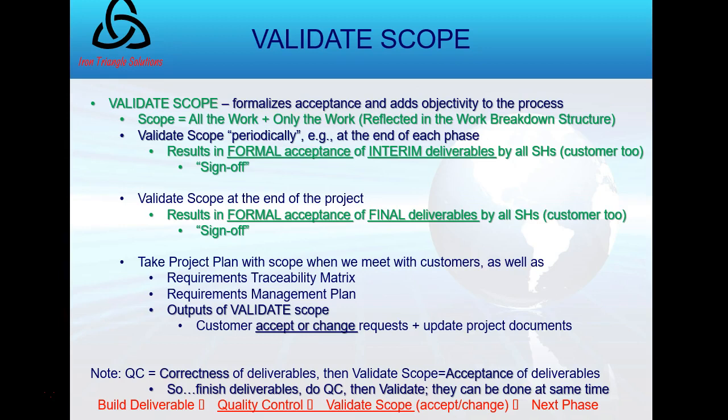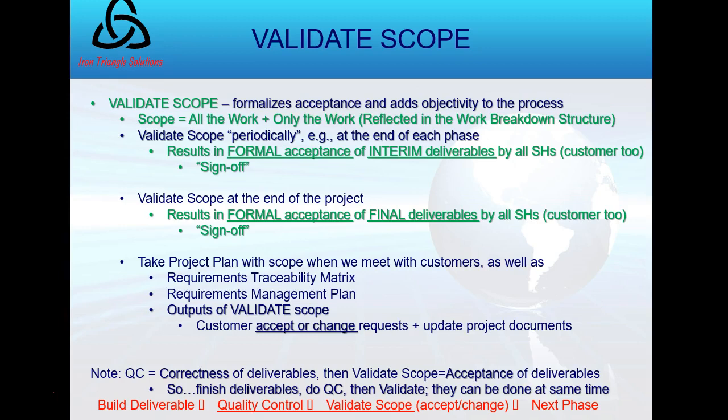In validate scope, the project plan is important here because it provides, among other things, the scope baseline that we just built, including, of course, I said, the scope statement, WBS dictionary, and WBS. And the validate scope is all about reviewing the deliverables with the customer to gain this formal acceptance.